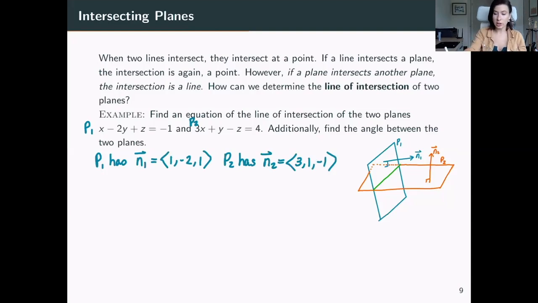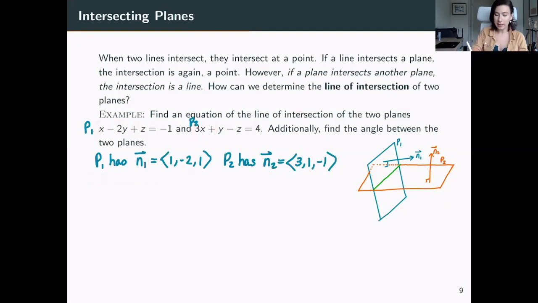So these equations look more similar to that second form of the scalar equation, where we could identify the a, b, and c in front of x, y, and z, respectively. So we have that P1 has a normal vector given by 1, -2, 1, and P2 has a normal vector of 3, 1, -1.